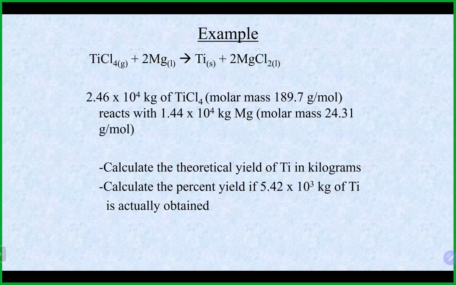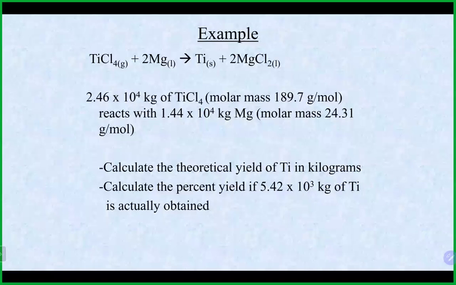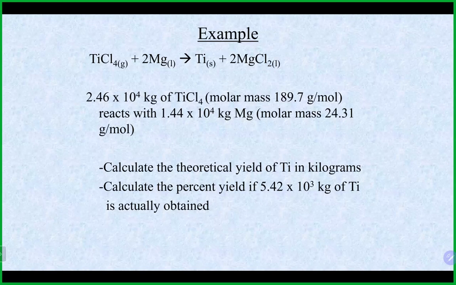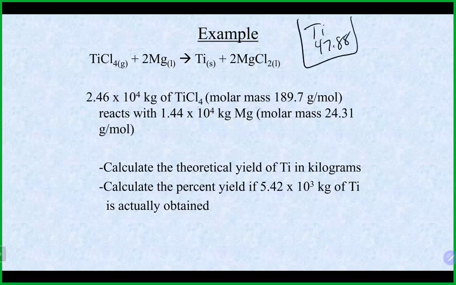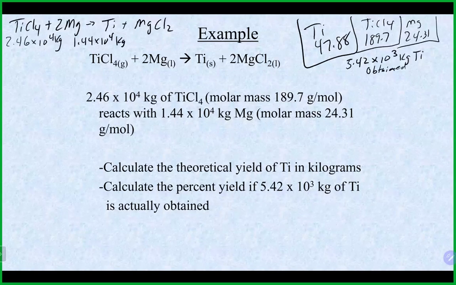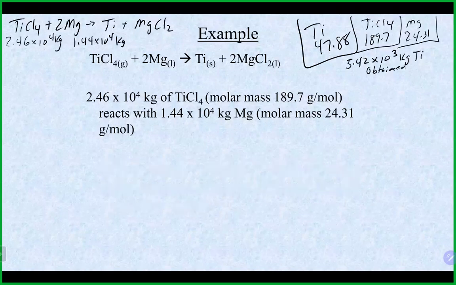And what is the percent yield if we produce 5.42 times 10 to the 3 kilograms? And Ti by itself, 47.88.